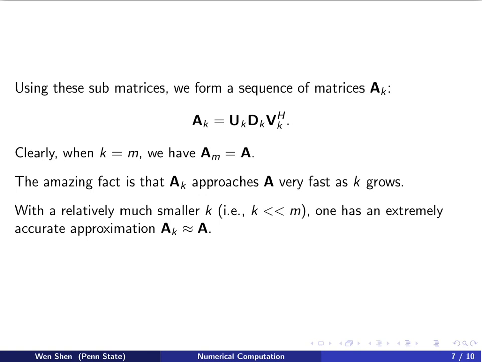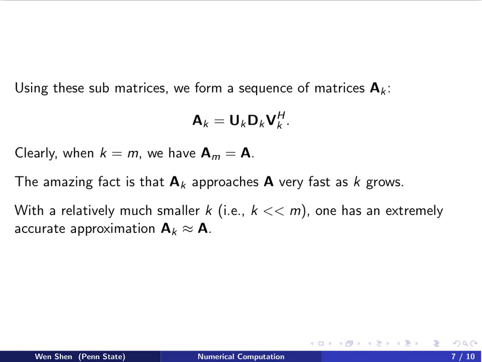And this is called image compression. To store the A_K matrix, one would store the matrices U_K and V_K and the diagonal matrix D_K, for which one only needs to store the diagonal elements.